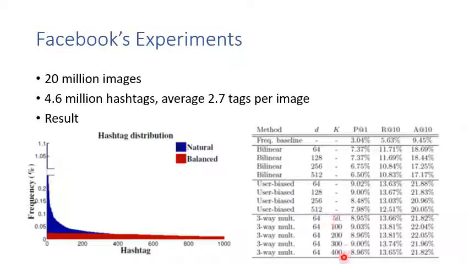And we can see that by adding user profile, precision, recall and accuracy have increased, right? That's very straightforward, because user preference is very important in recommending image hashtags, right? So either a concatenation of the user and image vector or the outer product will generate similar results.